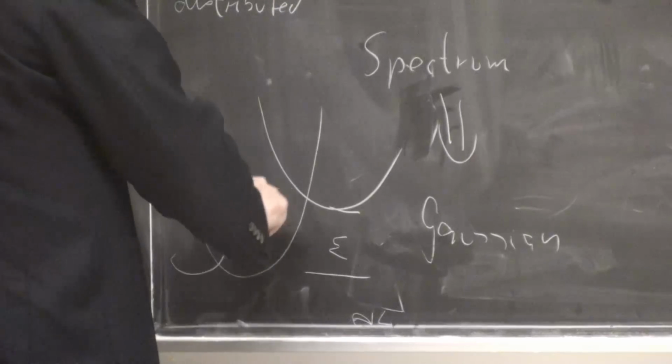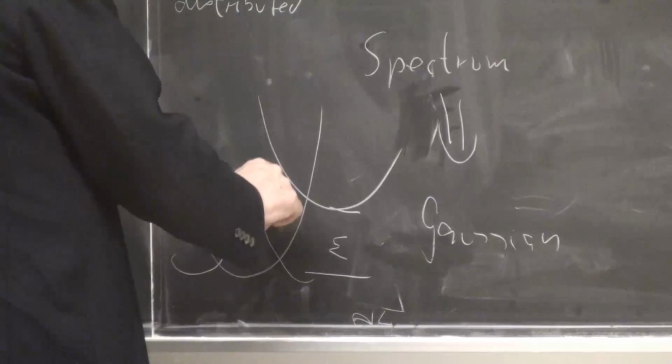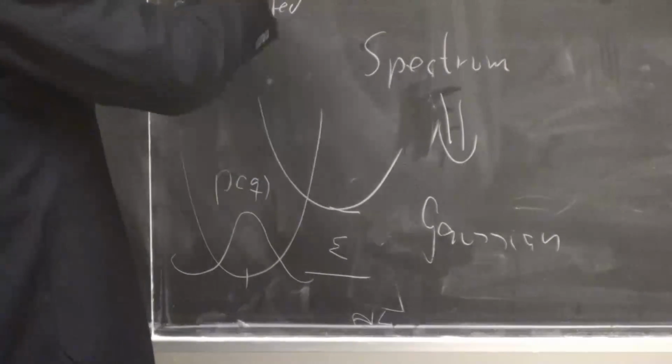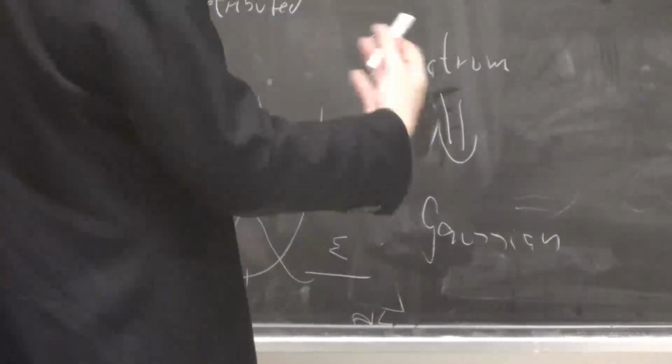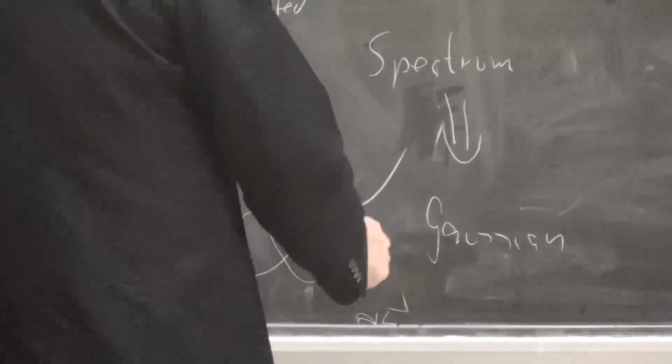So we had initially a Boltzmann distribution P of Q, and so the initial state wasn't just one fixed state, but there was actually a distribution of states, a thermal distribution of states that we accounted for, and then this one was then replaced by a Gaussian. So this is what we had.